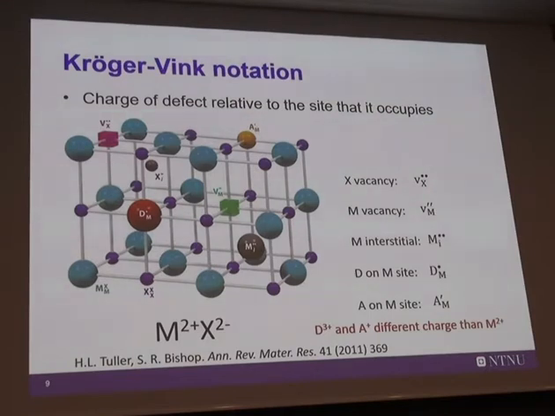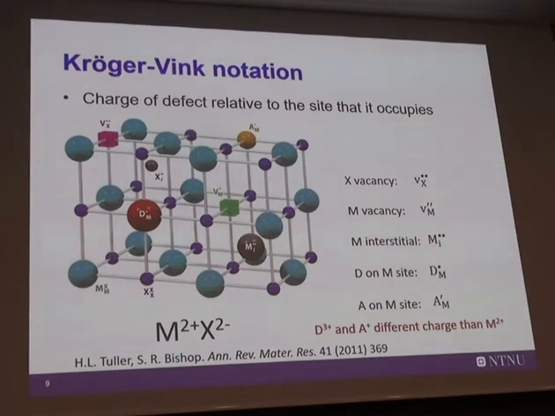So for example, if you have a vacancy, this is M2+ X2-. It's a rock salt structure where you have a divalent metal and a divalent X, could be oxygen, for example. So if you then have an X vacancy, we distinguish the vacancy by putting V here, and then you put a subscript X, meaning that it's a vacancy on the X lattice point.